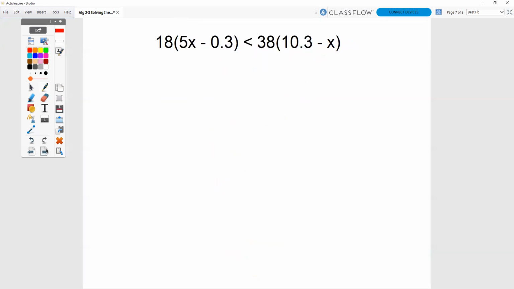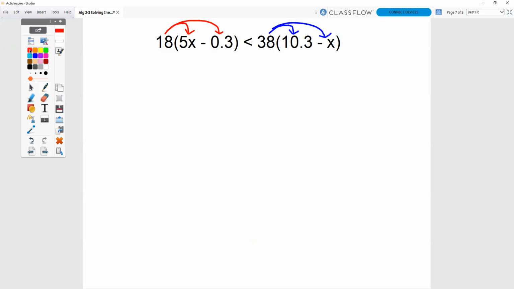You are going to have some questions that involve decimals. Again, look at the two sides of the inequality separately. Try and simplify those first before you solve the rest of the problem. I can see very quickly that I have distributive property on this left-hand side, and I have distributive property on this right-hand side.